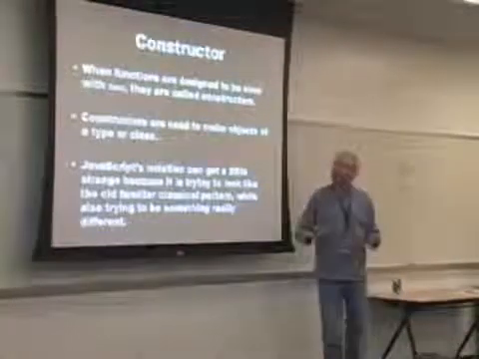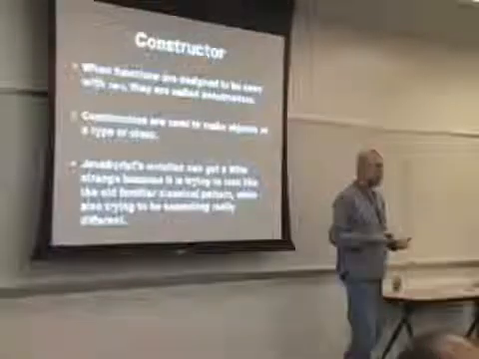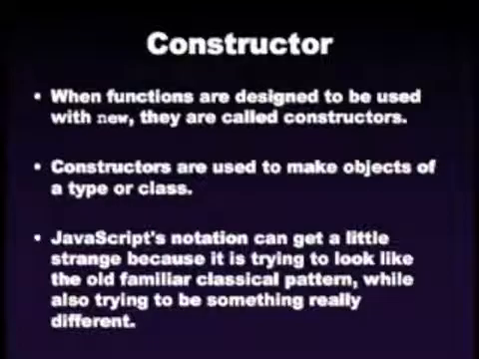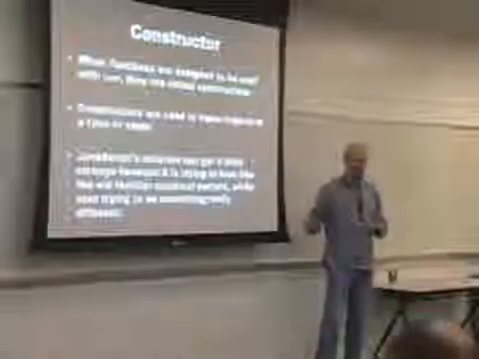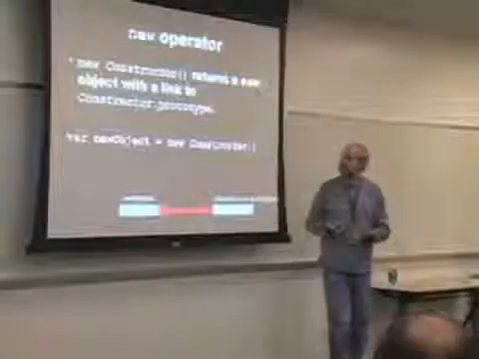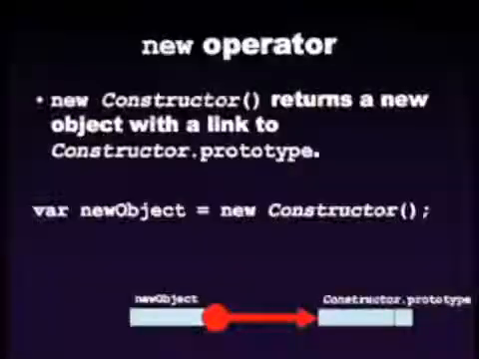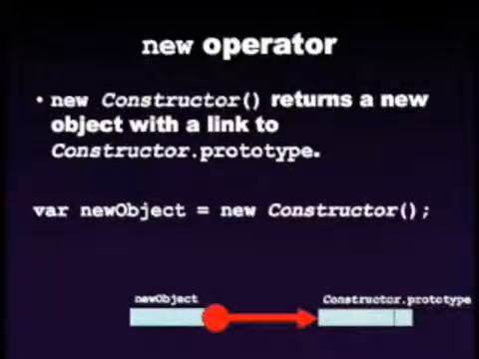When functions are designed to be used with the new prefix, we call them constructors. Constructors are used to make objects of a type or class, or basically a pseudo-class, since ultimately the language doesn't have classes in it. And the notation looks a little strange because it's trying to look old and familiar, but it's really different. So the way that the new operator works is it returns an object with a link to constructor.prototype.